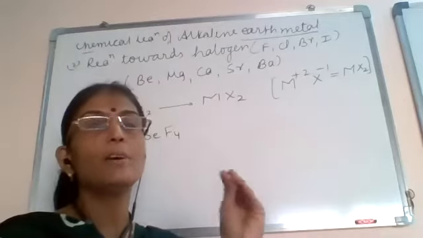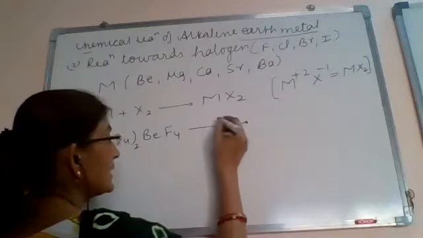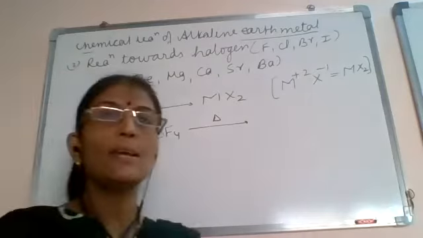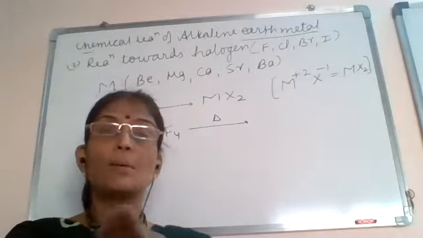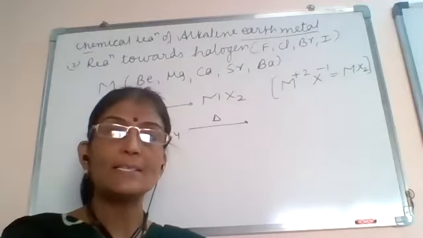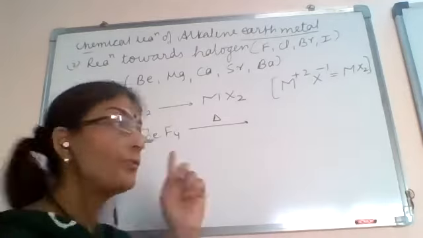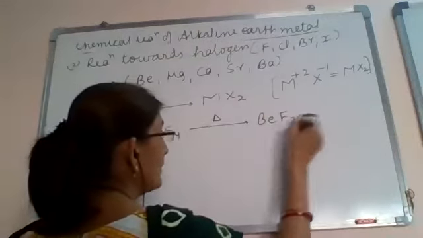Just write down the formula (NH4)2BeF4. जब हम इसको burn करते हैं, इसको thermal decompose करते हैं. Thermal decomposition का मतलब होता है heat करके किसी चीज को break करना. अगर कोई चीज गर्म करने से break होता है, then it is called thermal decomposition. So thermal decomposition of this compound gives BeF2, beryllium fluoride.